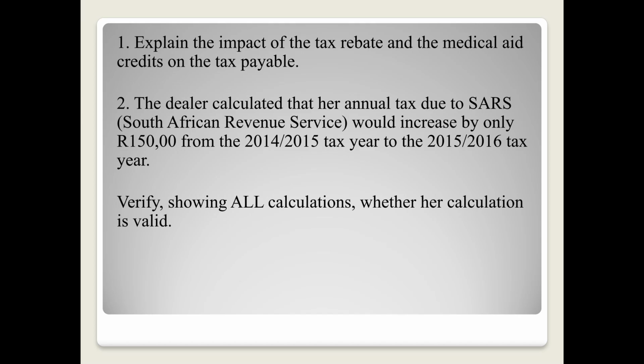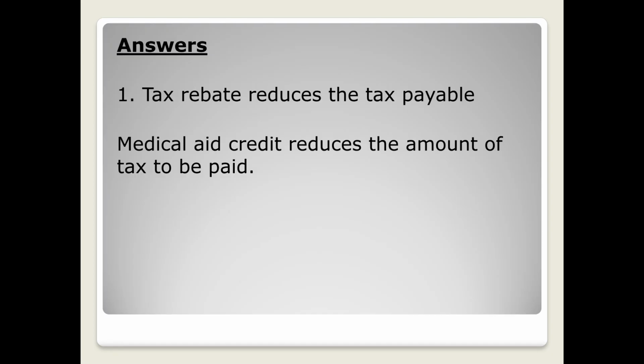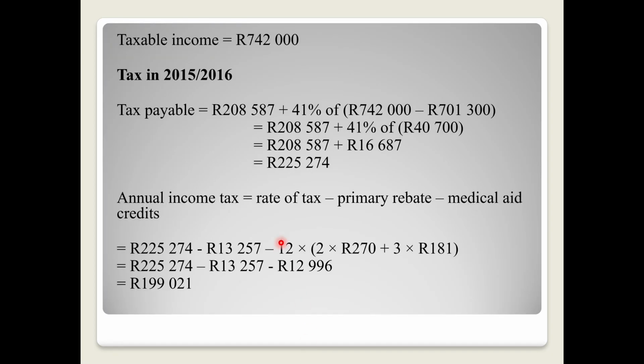I also want to show you how this question differs from the previous 3. In this question, they tell us that the dealer calculated that her annual tax due to SARS would increase only by 150 rand. So let's go to the slide. Taxable income is 742,000 rand.